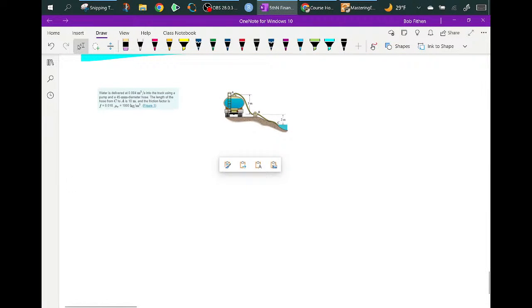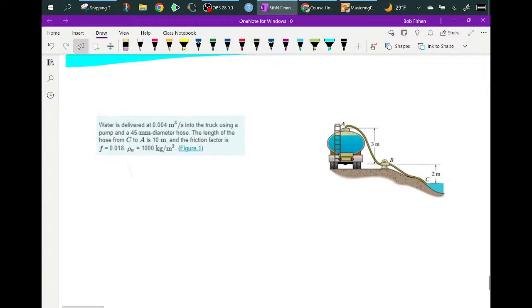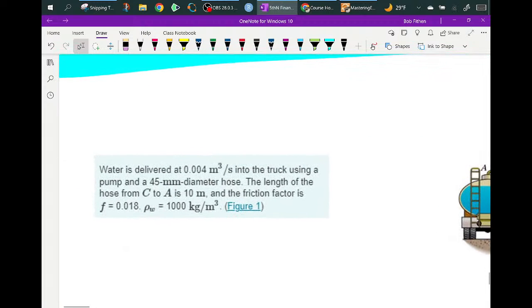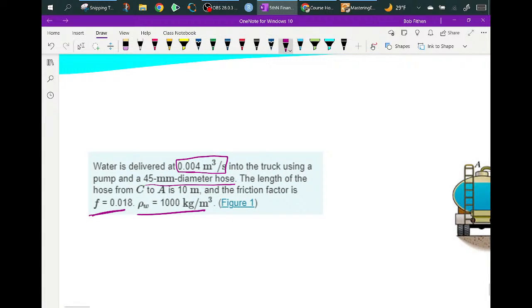And what does he want? He wants to know the power output of the pump. Okay, so before I do that, let's look at the information. First thing, he made it easy for us. He gave us the water delivered, and then the length of the hose.